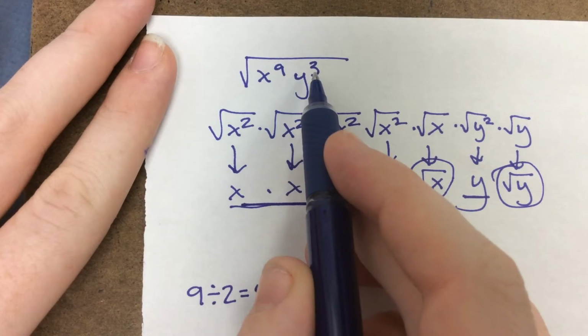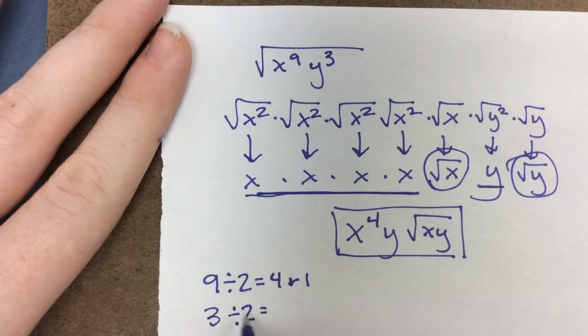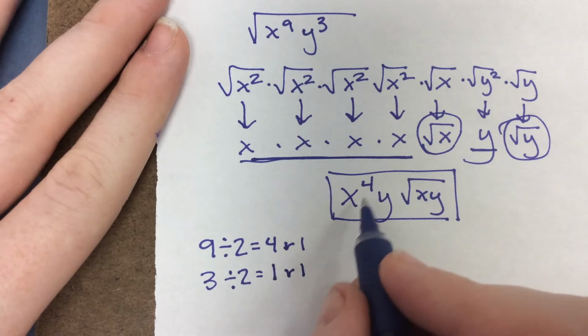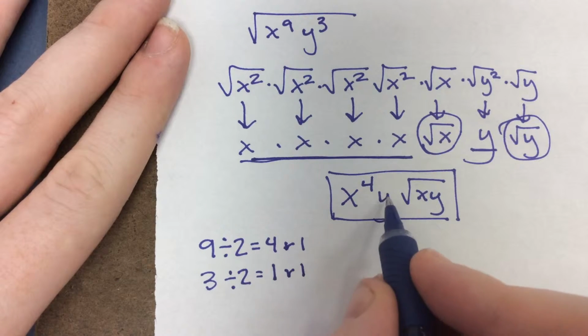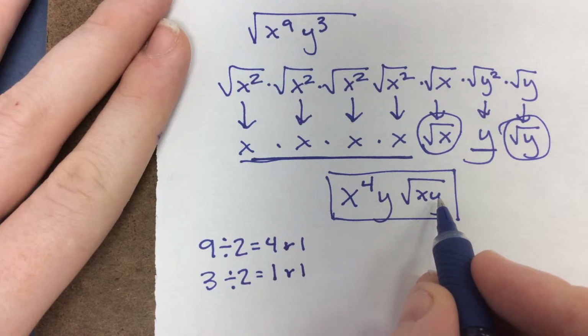And you look at the exponent on the y, which is a 3. How many times does 2 divide into 3? Well, 2 goes into 3 1 time with a remainder of 1. So we have a y that came out of the square root and a y that remained inside the square root.